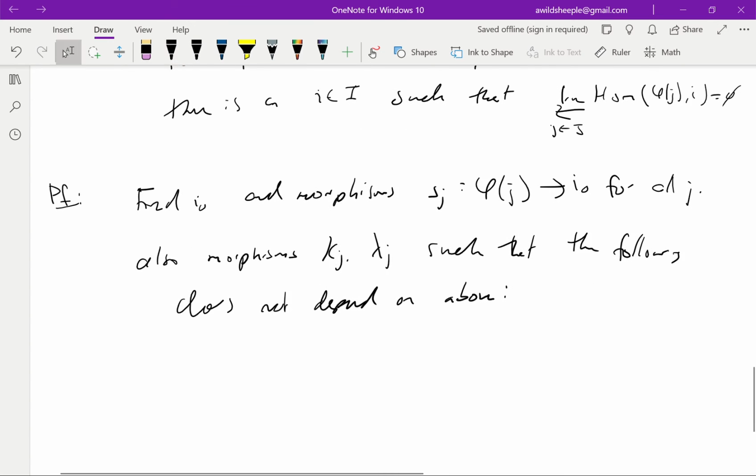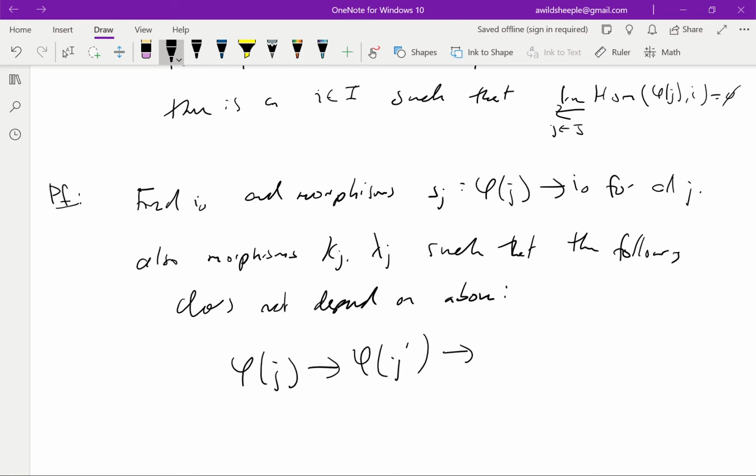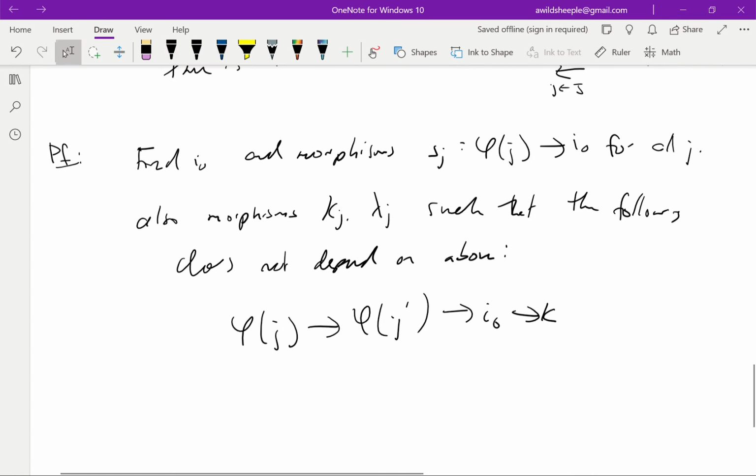So what we do is map phi j to phi j prime to I0 to k. And of course, I didn't tell you what these maps are. The maps are phi t, for some t, and then I have Sj prime and lambda j. I'm just going to write them down here.